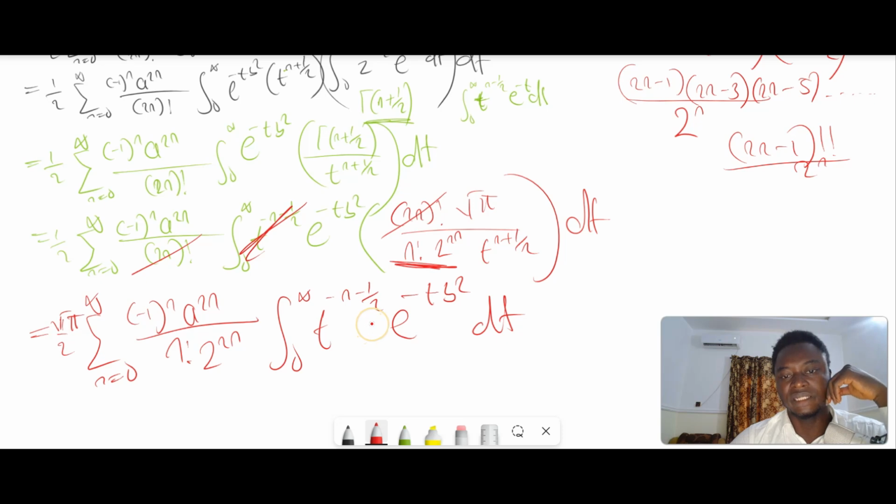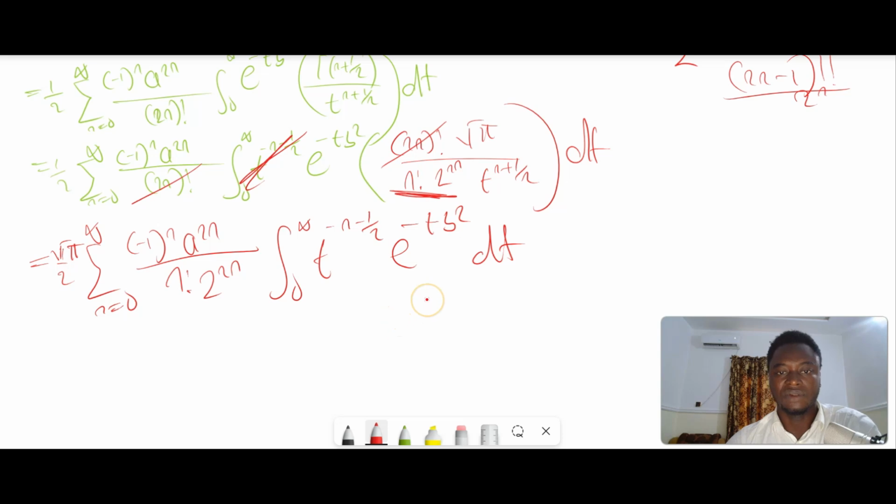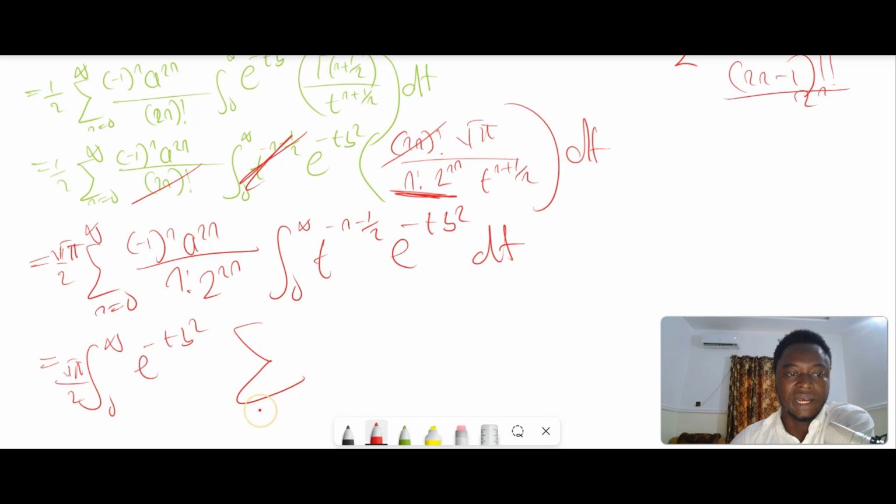Here it seems that doing the sum is actually faster. So what we're going to do is the sum. We're going to find the integral from 0 to a. We're going to have square root of pi over 2, integral from 0 to infinity of e to the negative t squared. Then you're going to take the sum as n runs from 0 to infinity. First you have negative 1 to the n over n factorial.